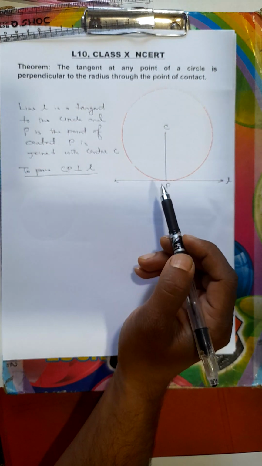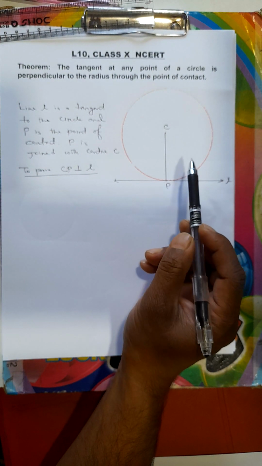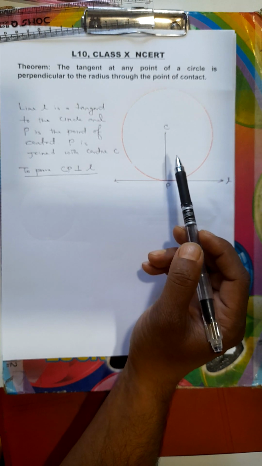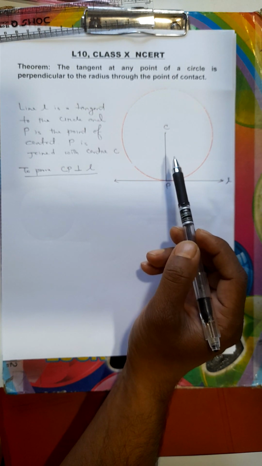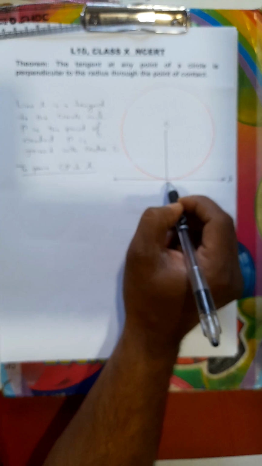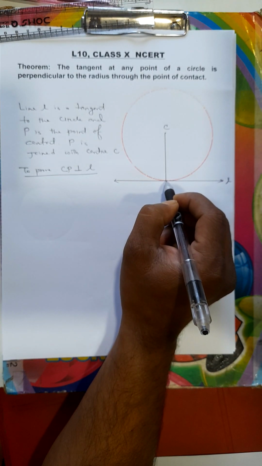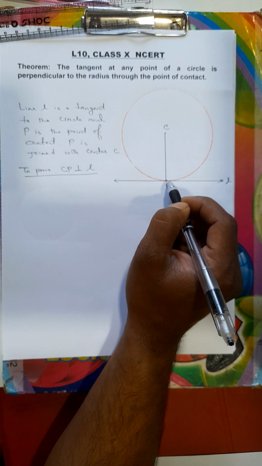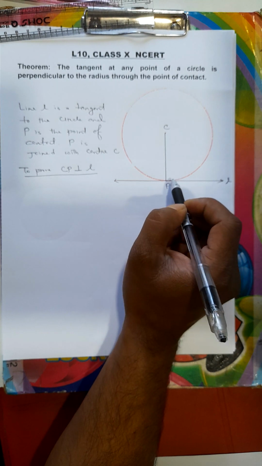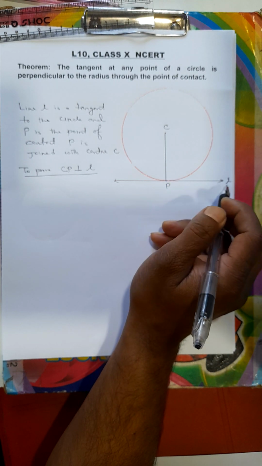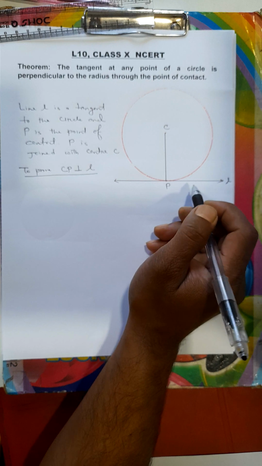So we have to show that the tangent at any point of a circle is perpendicular to the radius through the point of contact. Through the point of contact means through the point P. So we have to prove that PC is perpendicular to this line L.